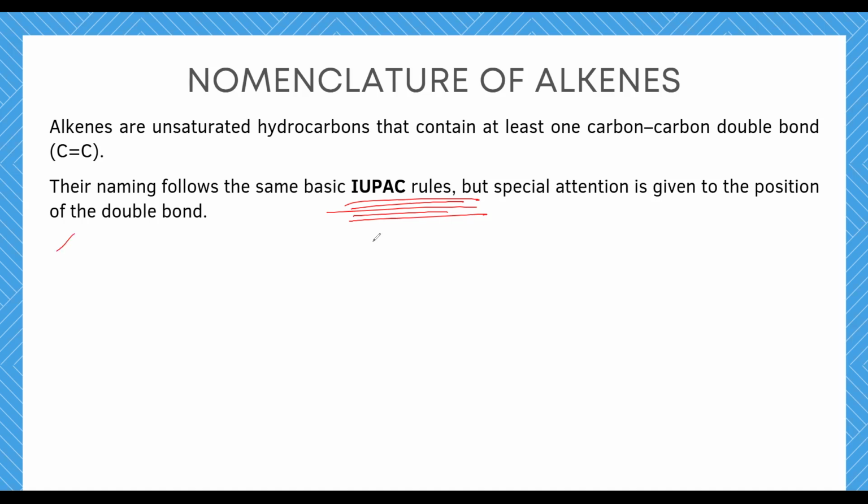Yes, sir. Good. So the rules for naming alkenes are similar to the rules for naming alkanes, but in this case, we give special attention to the position of the double bond. Did you hear that? Yes, sir.